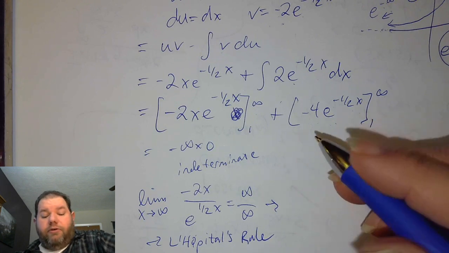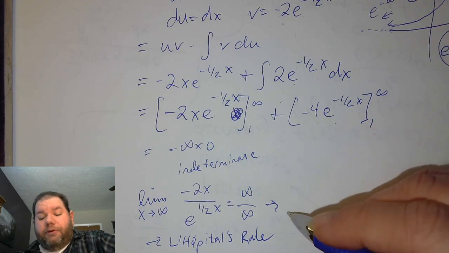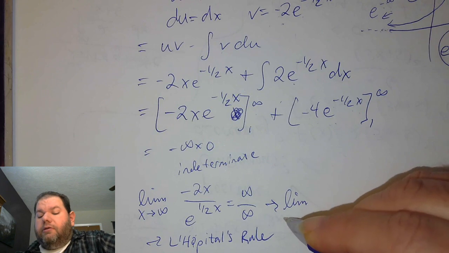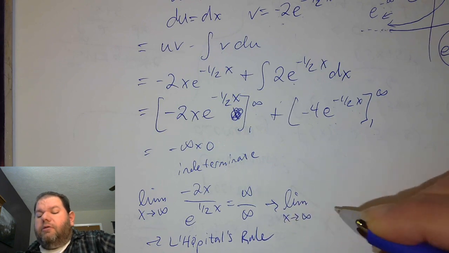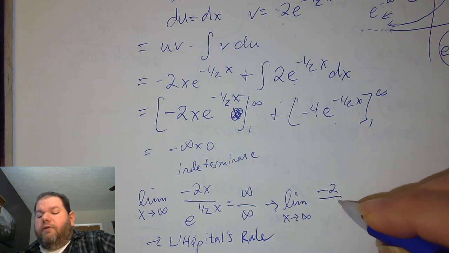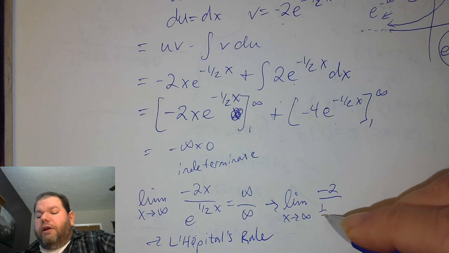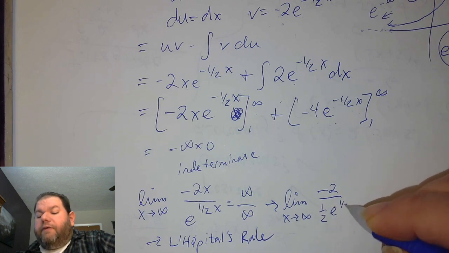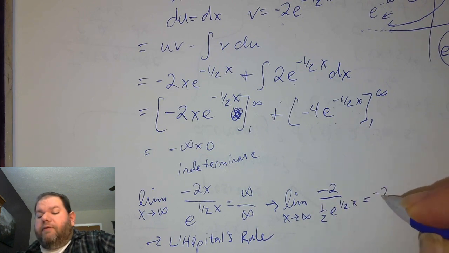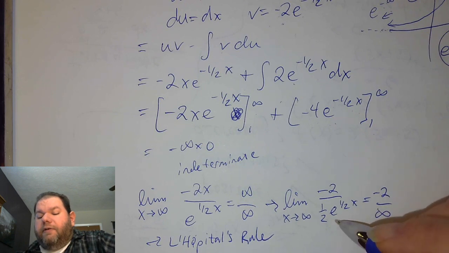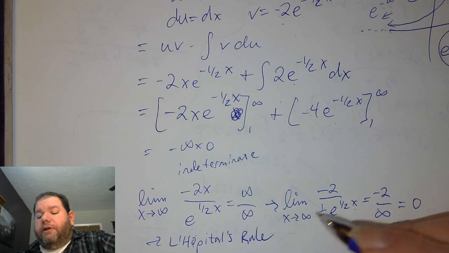Now, taking the derivative on the top and the bottom separately, negative 2 over 1/2 e to the 1/2 x. So we get negative 2 divided by infinity, because e to the infinity is infinity. So eventually we get this to be 0.